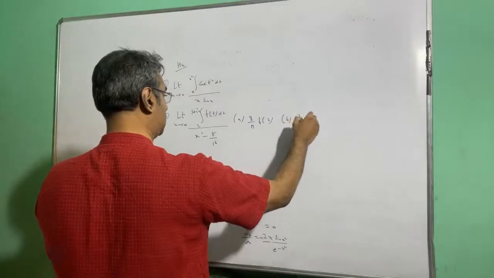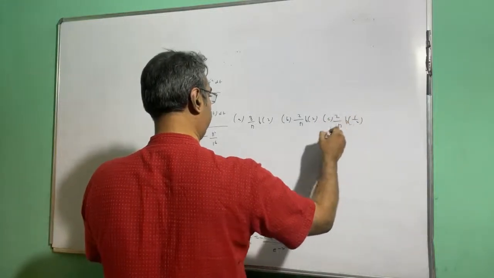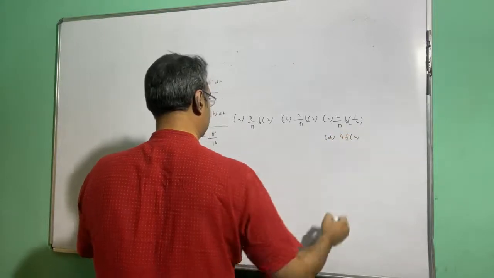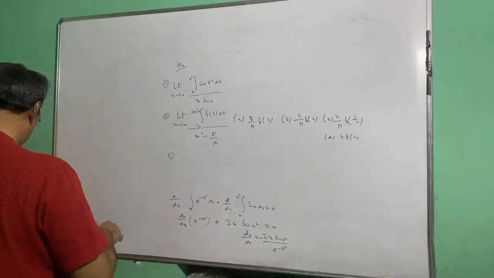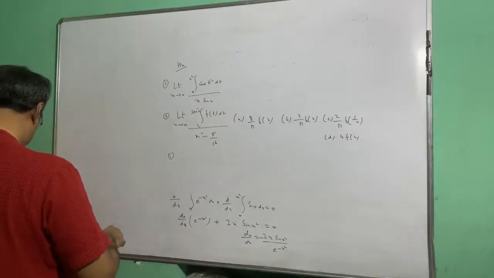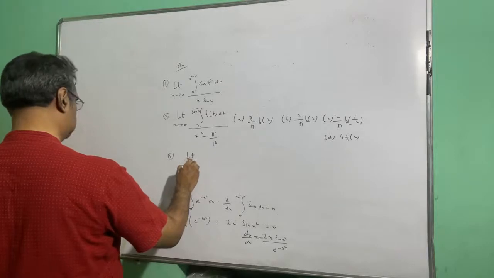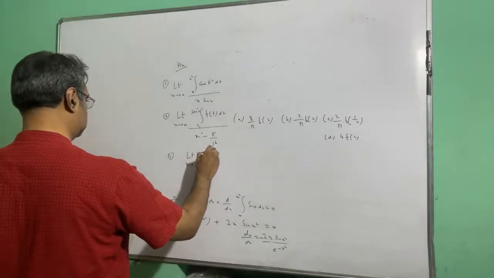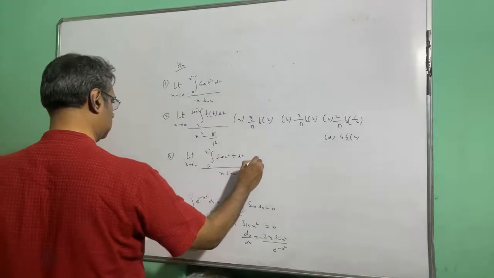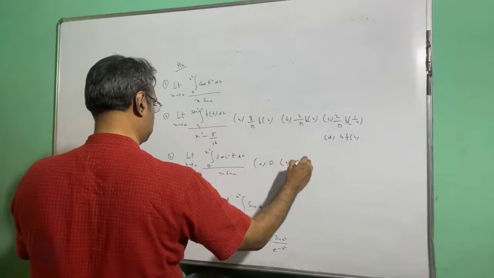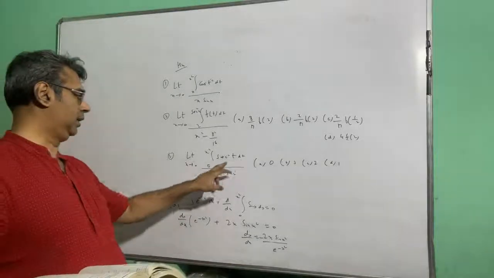Question number 2 has some options. Then we come to question number 3: the limit as x tends to 0 of the integral of sec square t dt from 0 to x square, divided by x sin x.